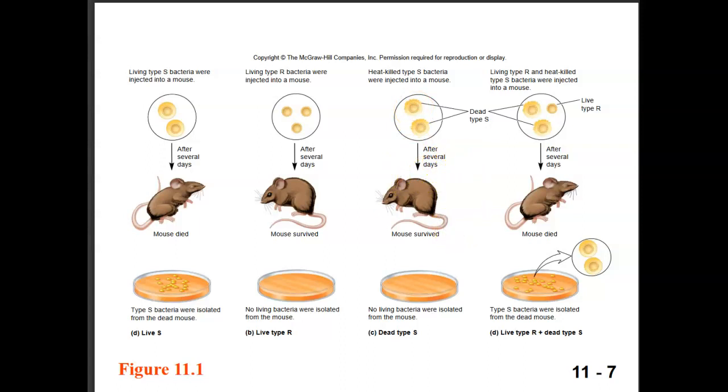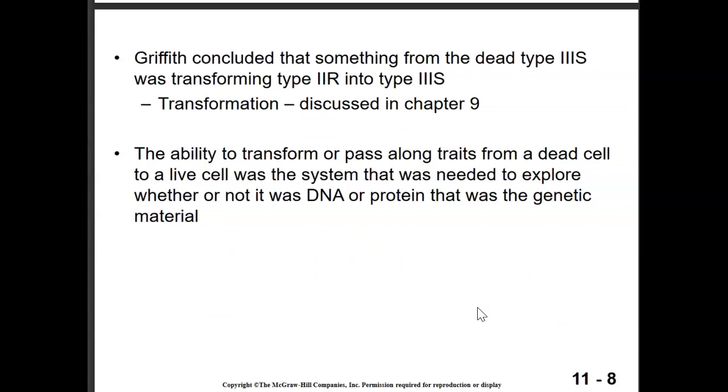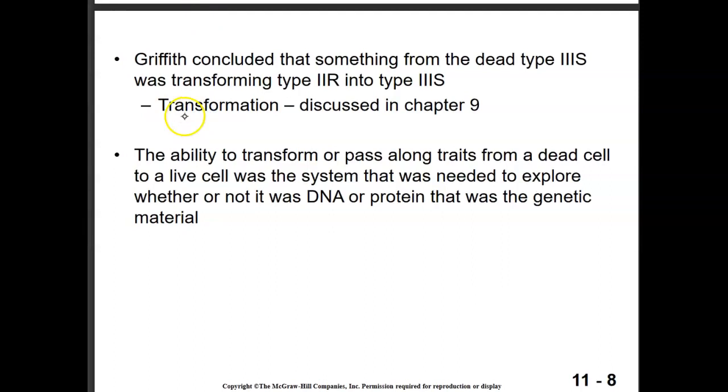All right. The type S cells and the dead S and the living R resulted in the death of the mice. And then again, you isolate the type S bacteria from the dead mouse. And what this means is that something is going on to transform the non-pathogenic organisms into a pathogenic organism.